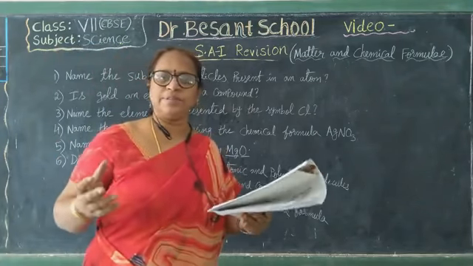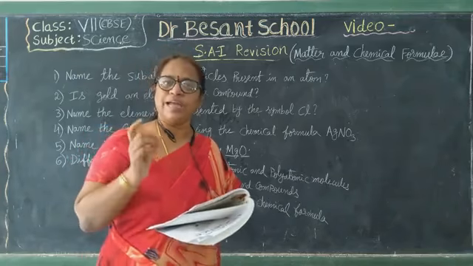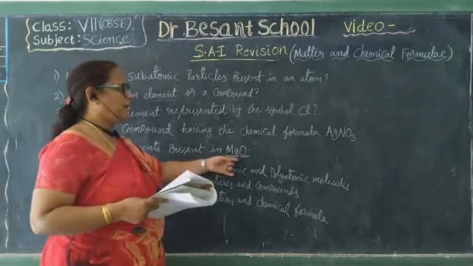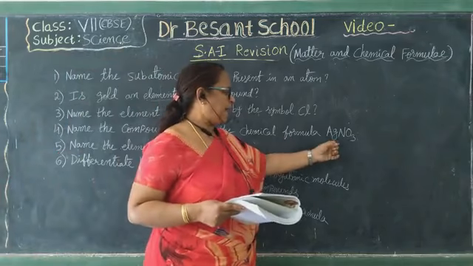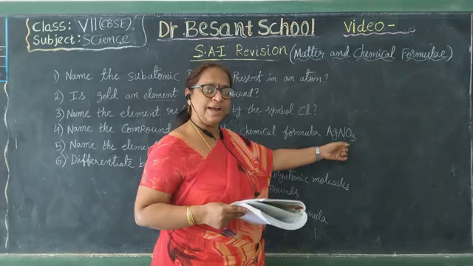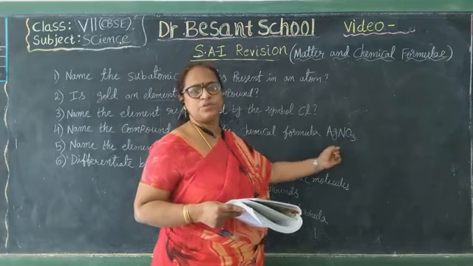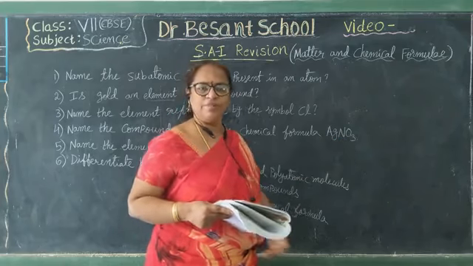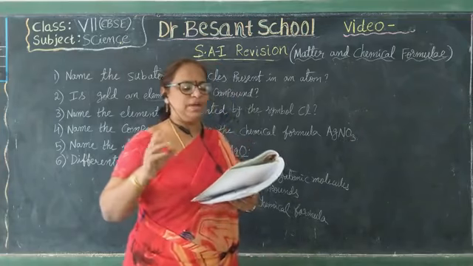The ratio in which atoms combine can be understood from the formula: 1 atom of silver combining with 1 atom of nitrogen and 3 atoms of oxygen. By saying the formula we are able to tell that. That is only a chemical formula.